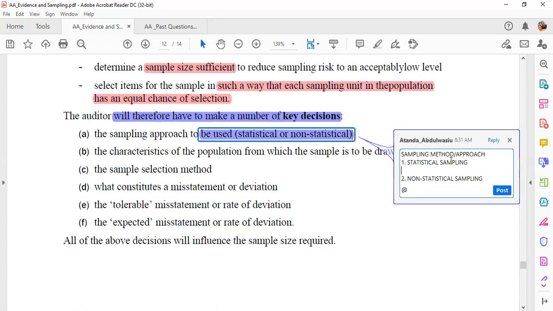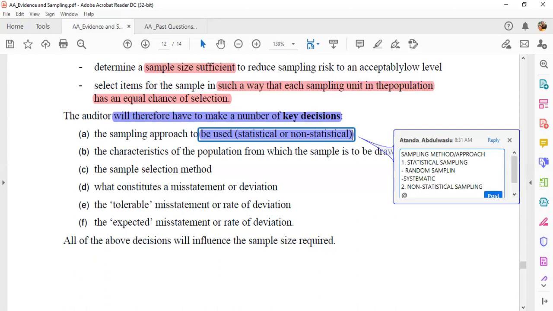In statistical sampling, what are the types of sampling that use an element of probability? Random sampling. We also have what we call systematic sampling.